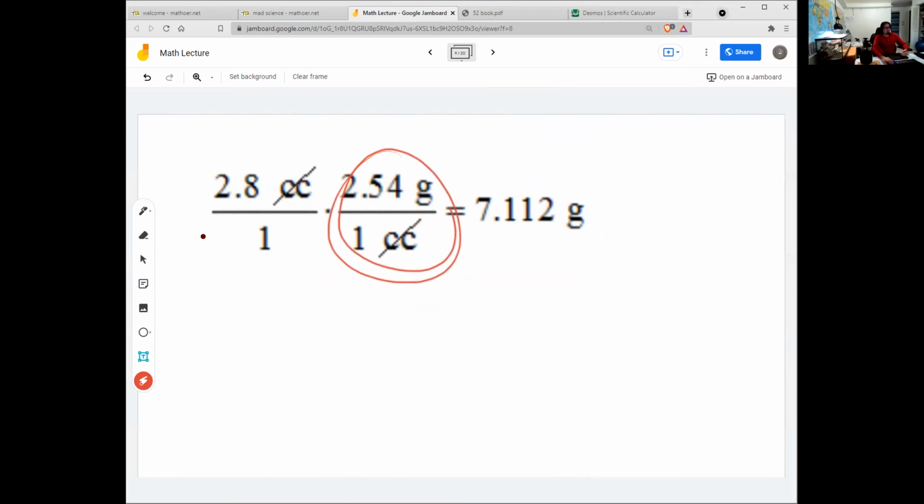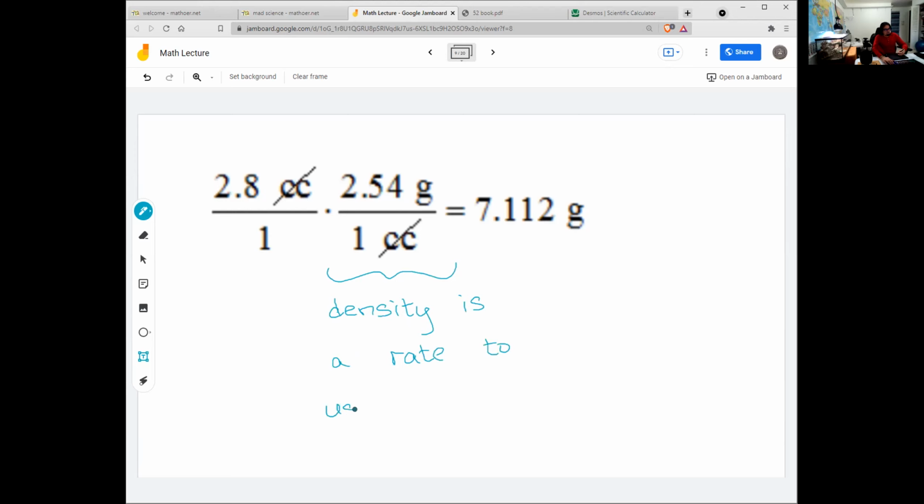The density is just a kind of rate. So I'm going to put that here too. And I'll be nice and call it dimensional analysis because they are.